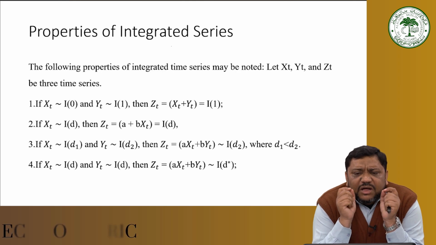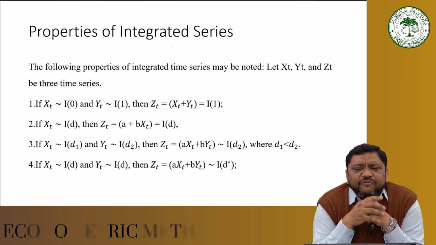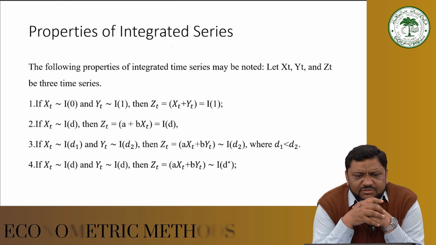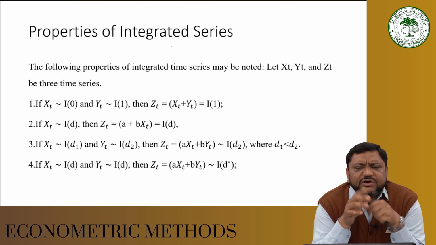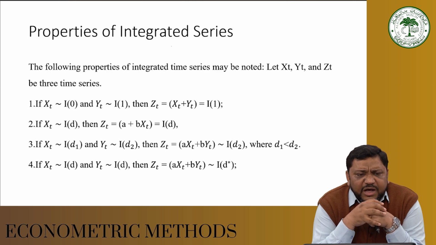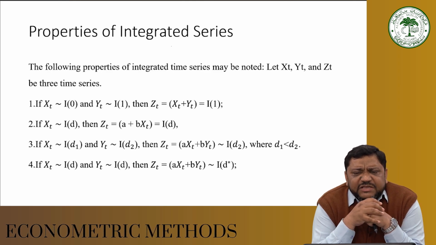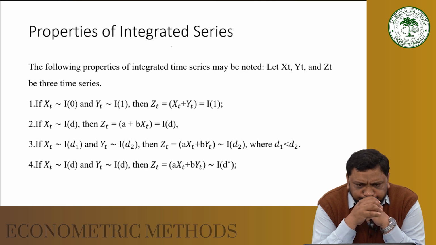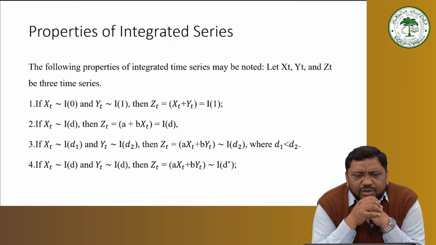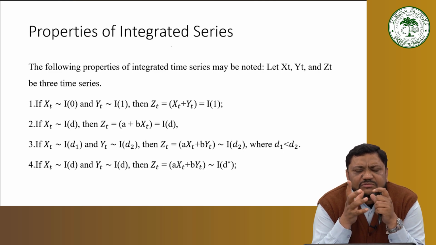That is a linear combination of an I(d) series. Any linear combination, if it is I4, will also be I4. If it is I1, it will also be I1. So if X is I0, then Z will also be I0. That is why we can use OLS when we have a stationary process.